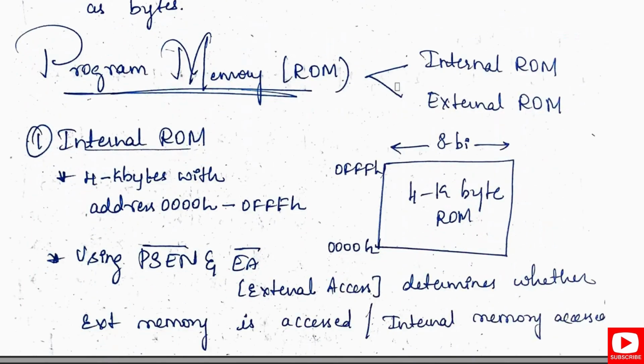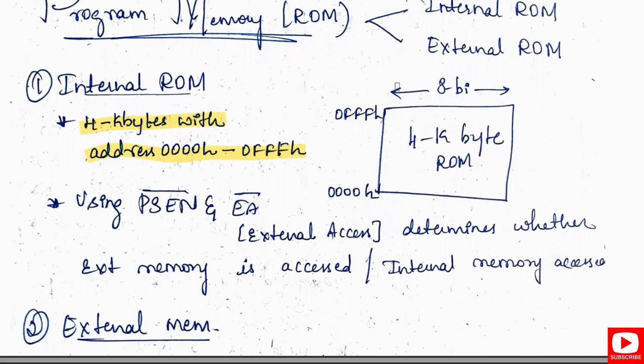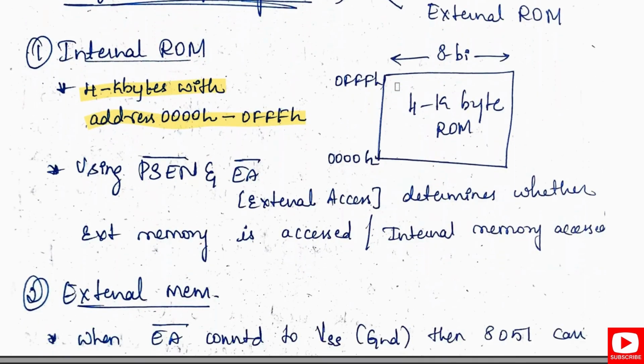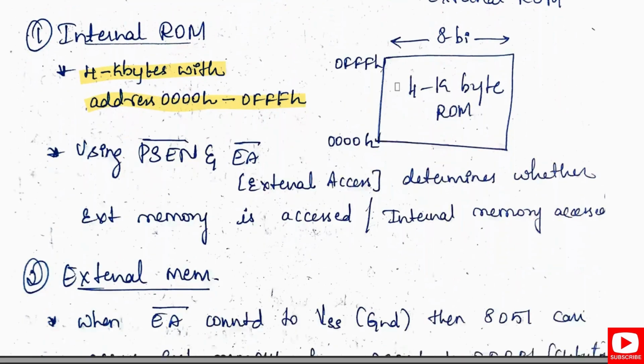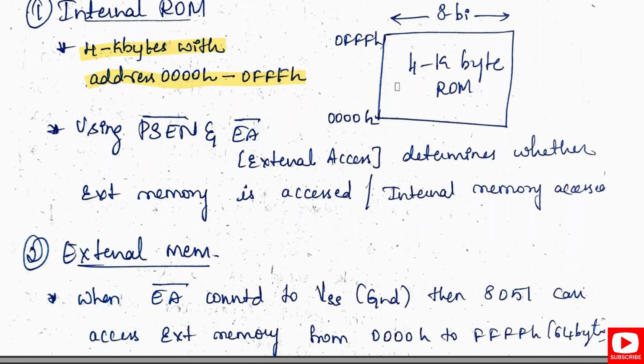Next comes the ROM, that is programmable memory. We have two types of ROM, one is internal ROM and the other is external ROM. Internal ROM is of 4K bytes with the address 00H to 0FFH. As mentioned there, it uses PSEN and EA bar. That is external access, which determines whether the external memory or the internal memory is accessed.